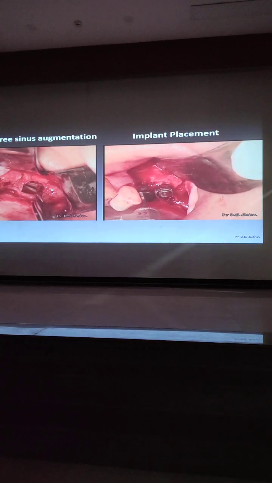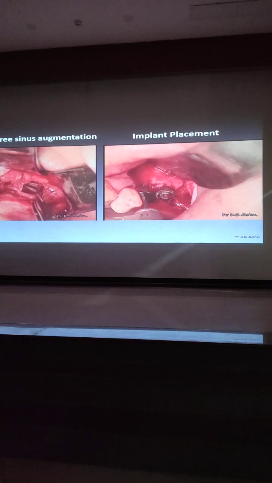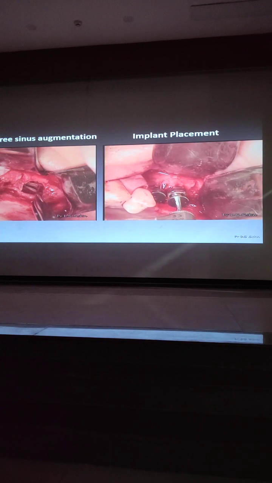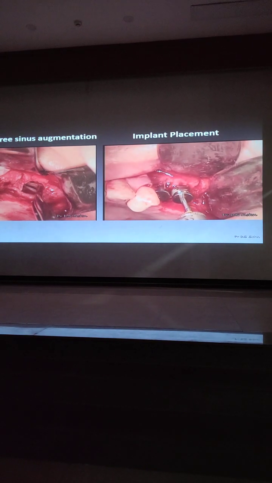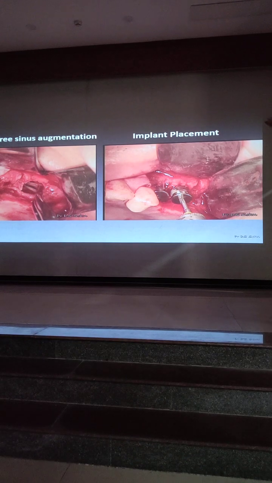And Santa 1 was placed on the first implant, second implant, and Santa 2 was placed on the first implant. Here's Santa 2 on both implants. Okay, you see that the base of implants is less than 5 millimeters here? No problem.